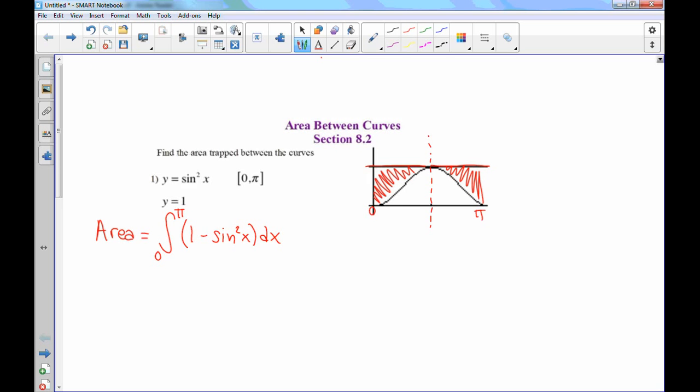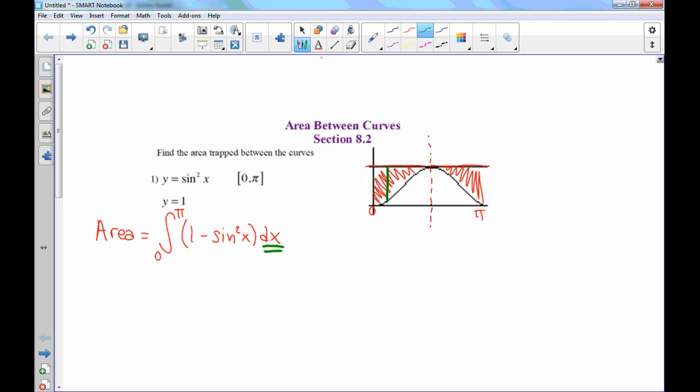Now when we're doing this, what does dx represent again? Because this will apply to the second page. What does dx represent? The width of what? Dx represents the width of the rectangle.